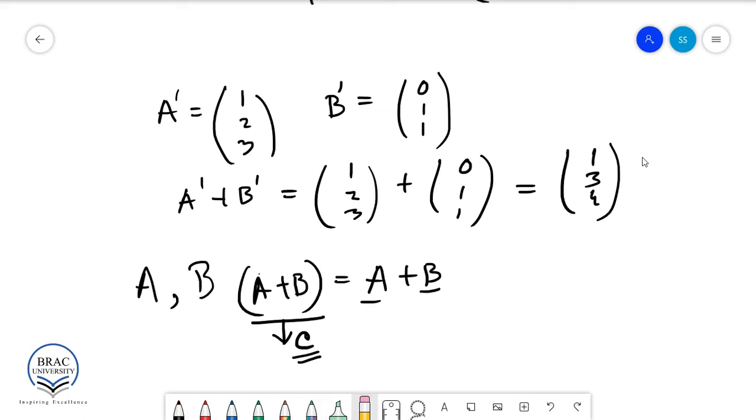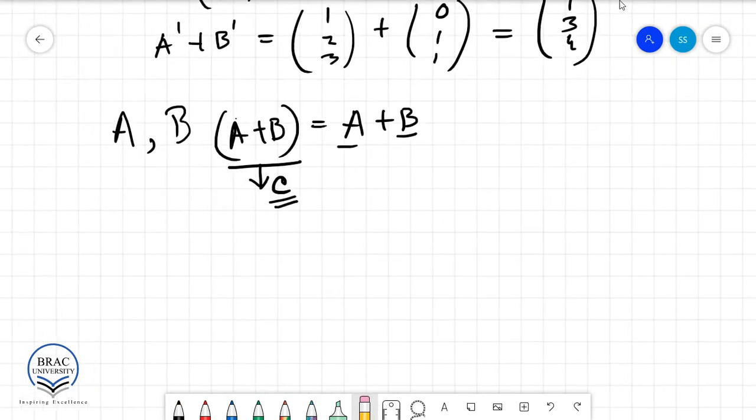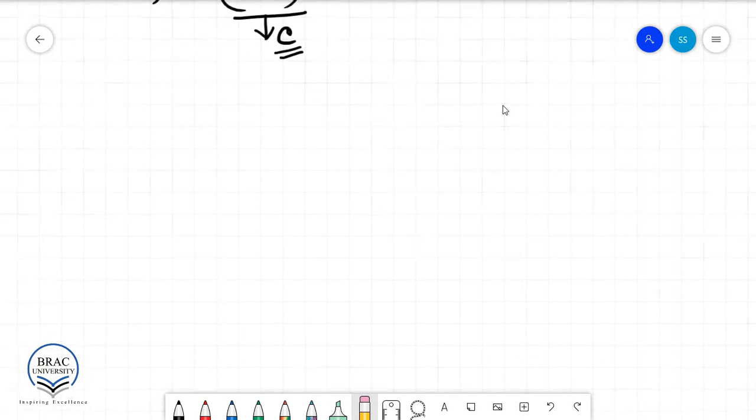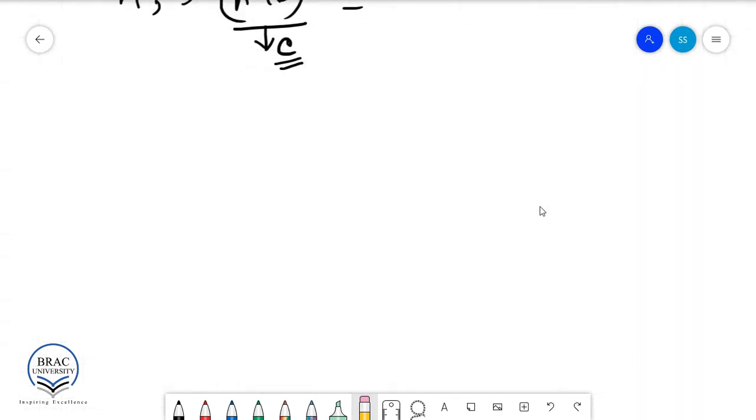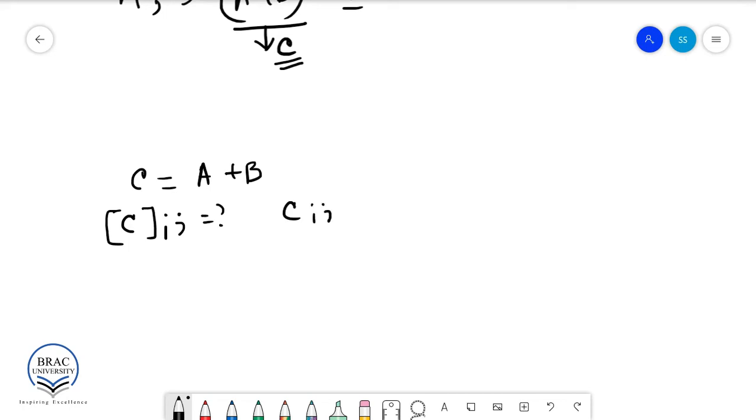And if I just go a bit down so that I can have more space, so we wrote C equals A plus B, right? But this is a matrix, and these A and B are also matrices. So what we can do, we can ask the following question: what is C of ij in terms of A plus B? It turns out that C of ij is just A of ij plus B of ij.